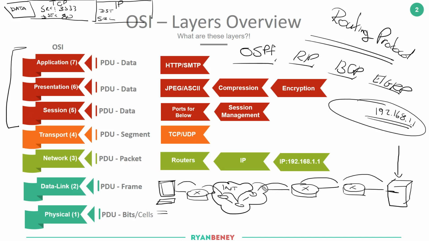And essentially these are languages that these routers speak to one another to advertise what IPs it knows about. So this particular router knows if I want to get to 192.168.1.1, pass it to this guy, who knows to pass it to this guy, who knows to pass it to this guy, and so forth until it reaches essentially the destination IP address.